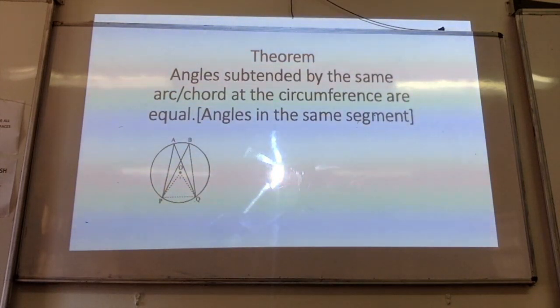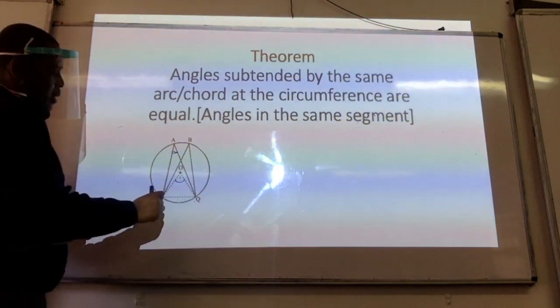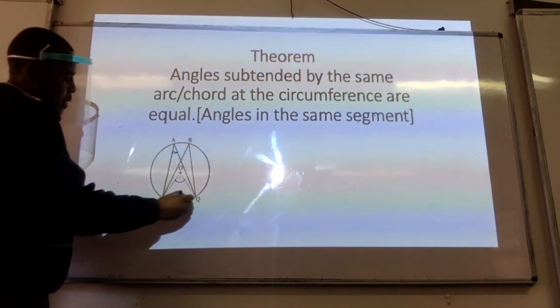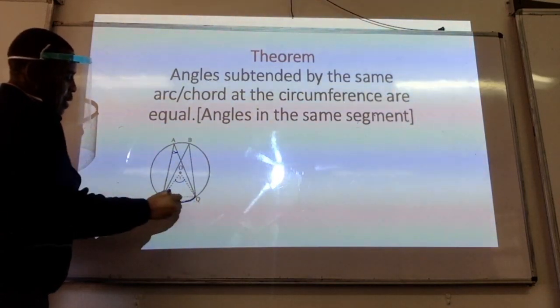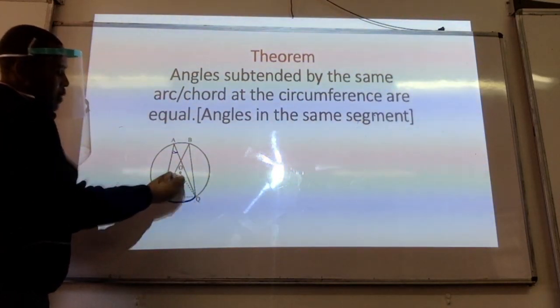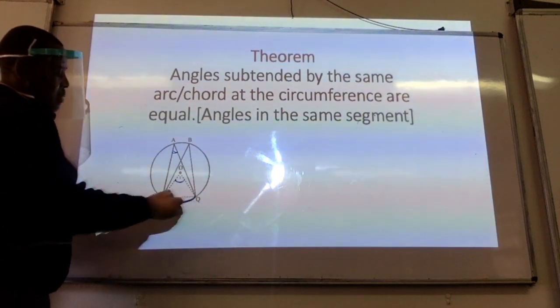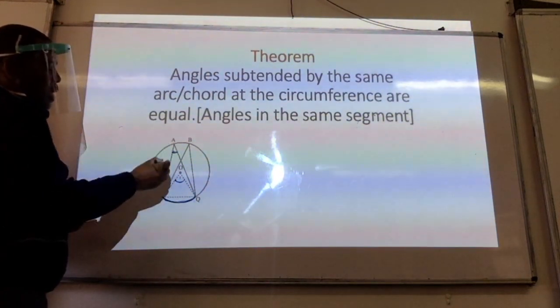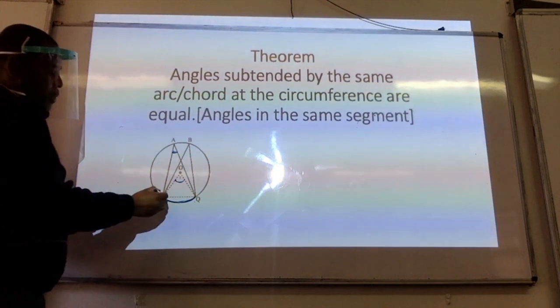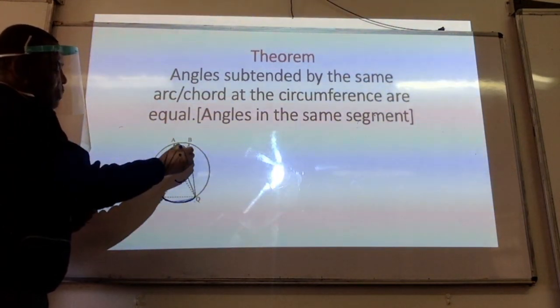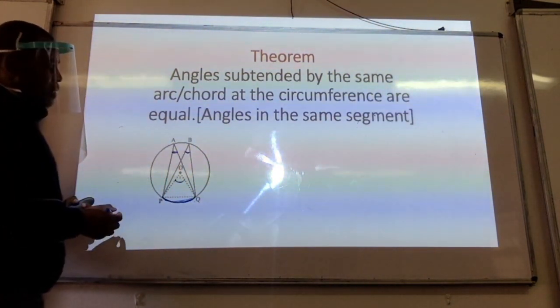Angles that are subtended by the same arc or by the same chord at the circumference should be equal. This arc here, this arc subtends angle O1 at the center, but again the same arc subtends angle A at the circumference. Now the same arc PQ subtends angle B at the circumference.